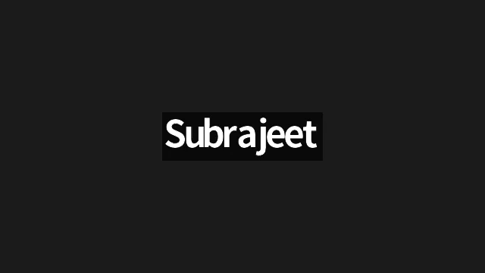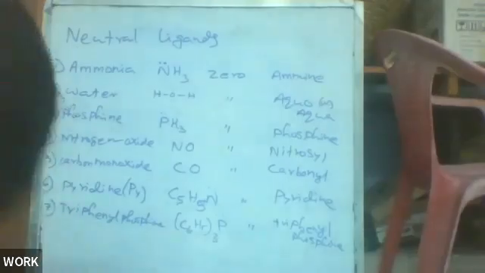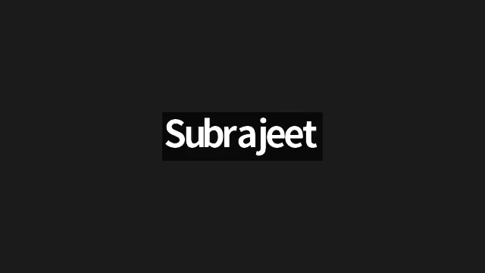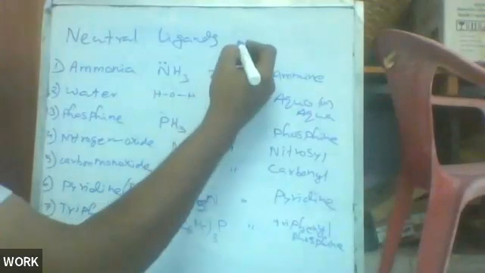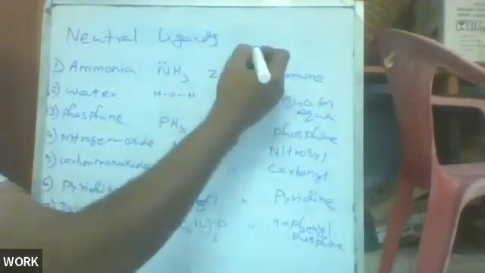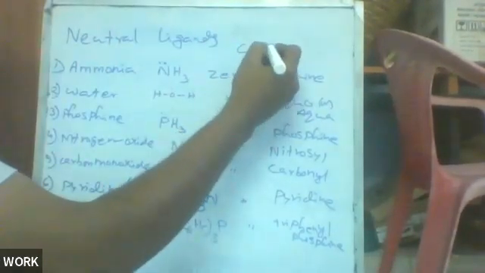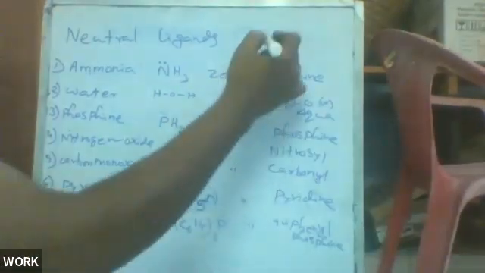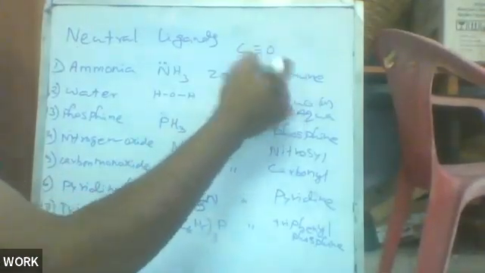Sir, the oxidation state of carbon monoxide is 2, then if it's neutral, how? Could you see that carbon is triply bonded with oxygen?